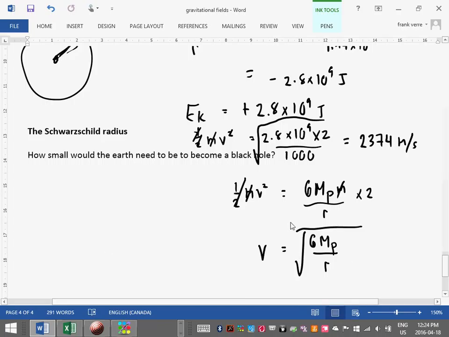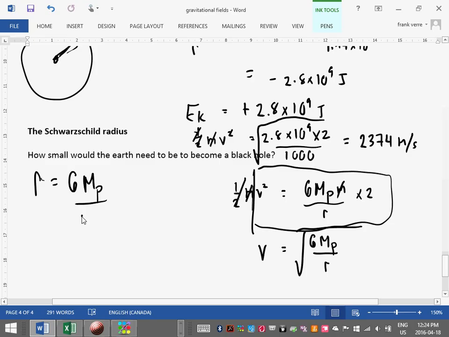Well, we can take this equation, rearrange it, and say R equals G, M planet, over V squared, times 2. So how big would the Earth need to be? Well, big G is 6.67.